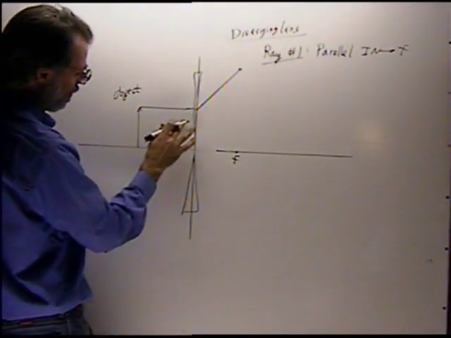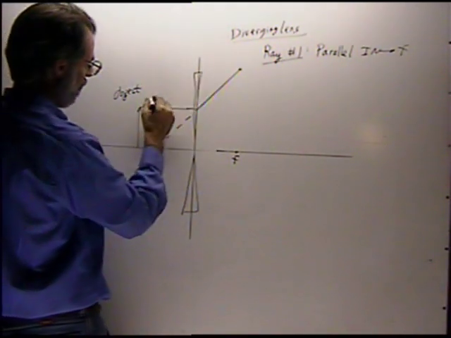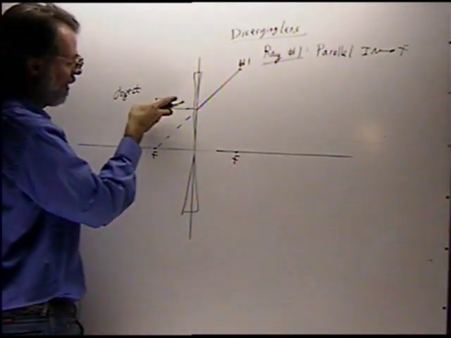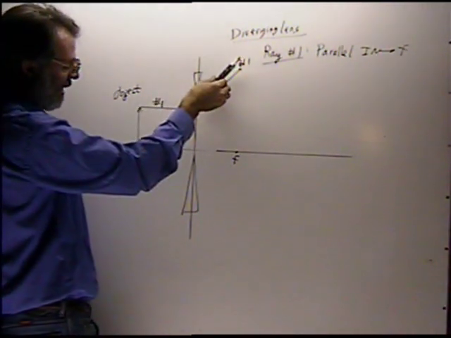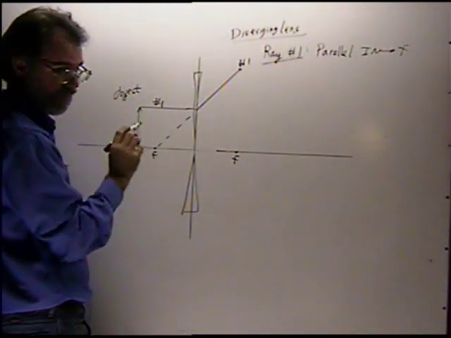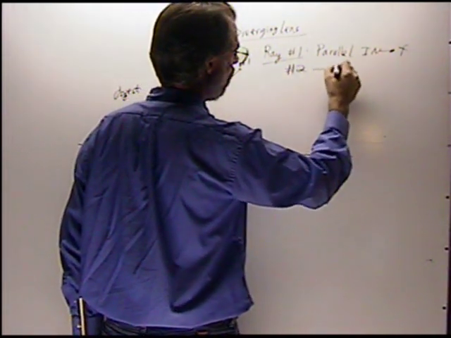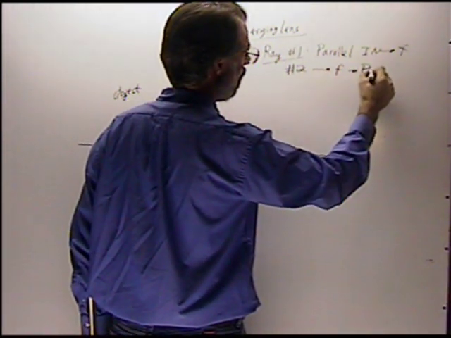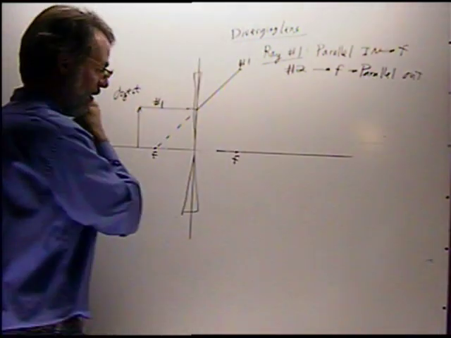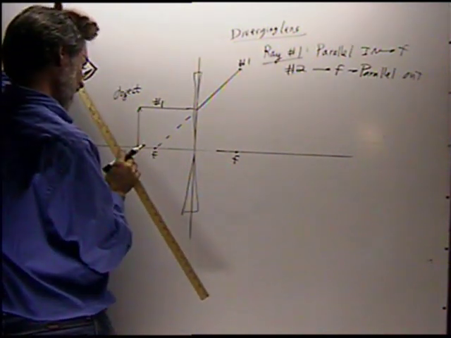Look, see how I drew this as a dotted line just to remind myself that this is ray number 1. It goes parallel in, but it diverges out, but it acts as if the virtual ray came through this focal point. Okay? And number 2 is through the focal point and then parallel out.